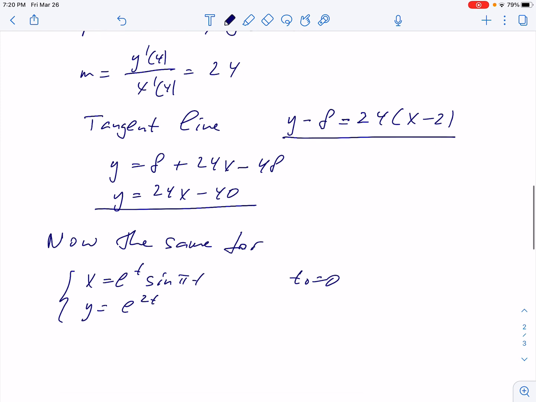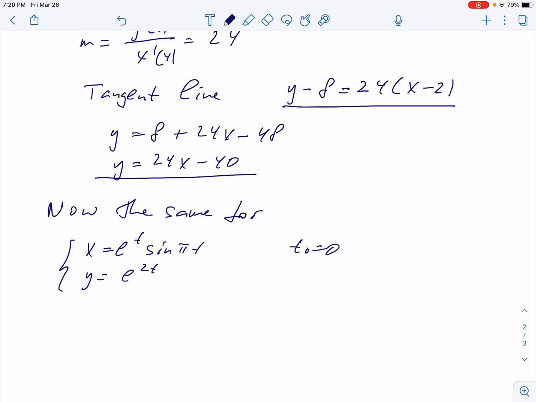We have to do the same work. Find derivatives, slope. So, well, let's find first the point.